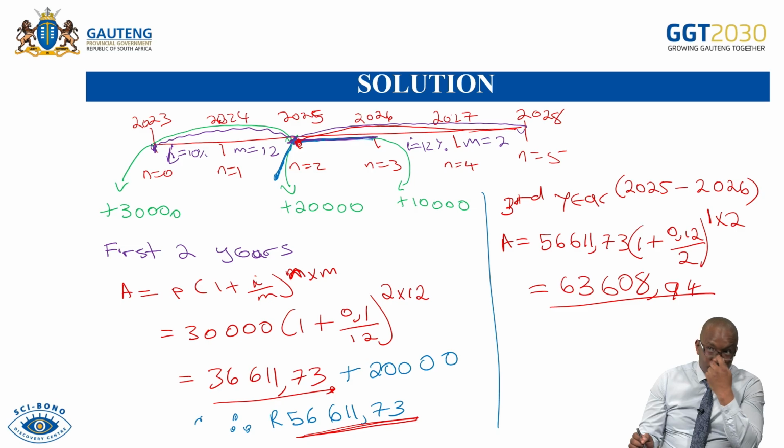Correct? So that's where we will be adding our 10,000.